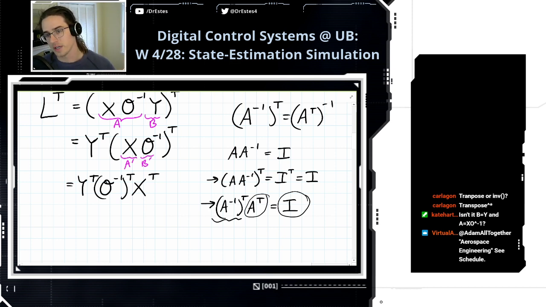The definition of an inverse of a matrix is if you multiply a matrix by its inverse, you get the identity.